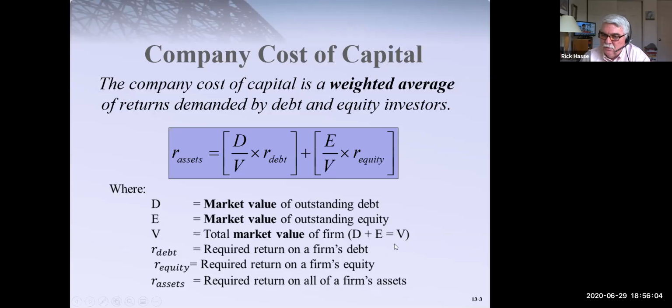Sometimes that total market value is difficult to obtain, so sometimes we just use the book value, but we'll talk more about that in later discussions. It's the relationship of capital structure to the cost of debt plus the relationship of capital structure to the cost of equity. This is defined in Chapter 9.